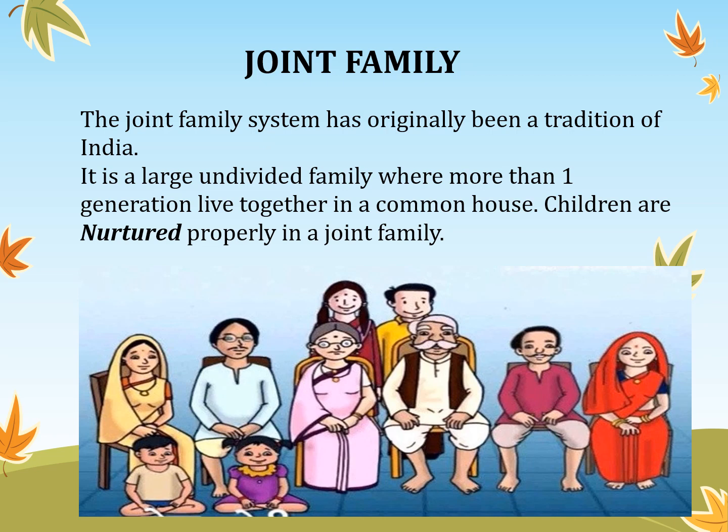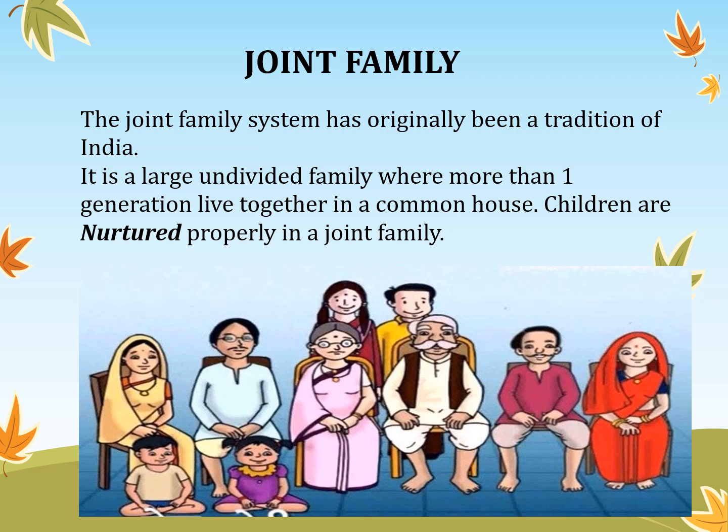It is a large, undivided family where more than one generation live together in a common house. Now, let us understand this. There is one house, and we are not divided. We are not living in different houses, so we are undivided.